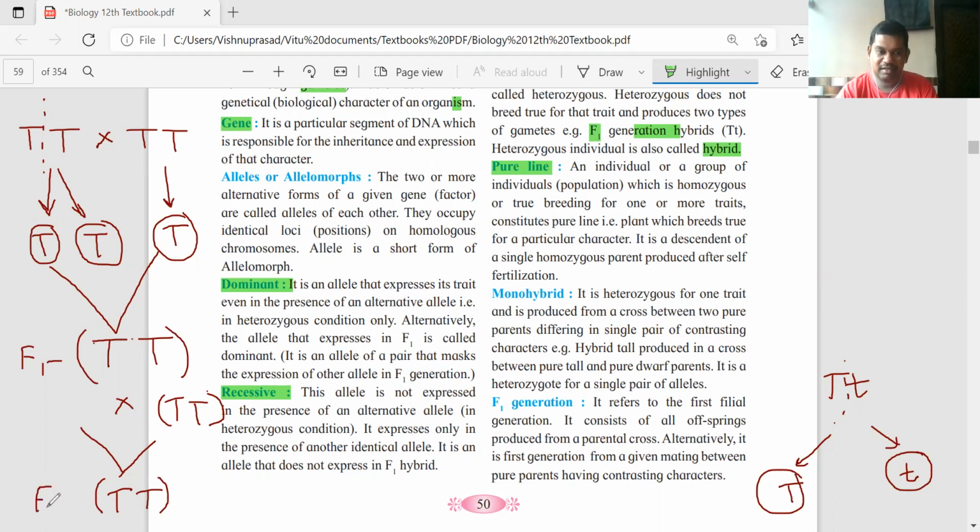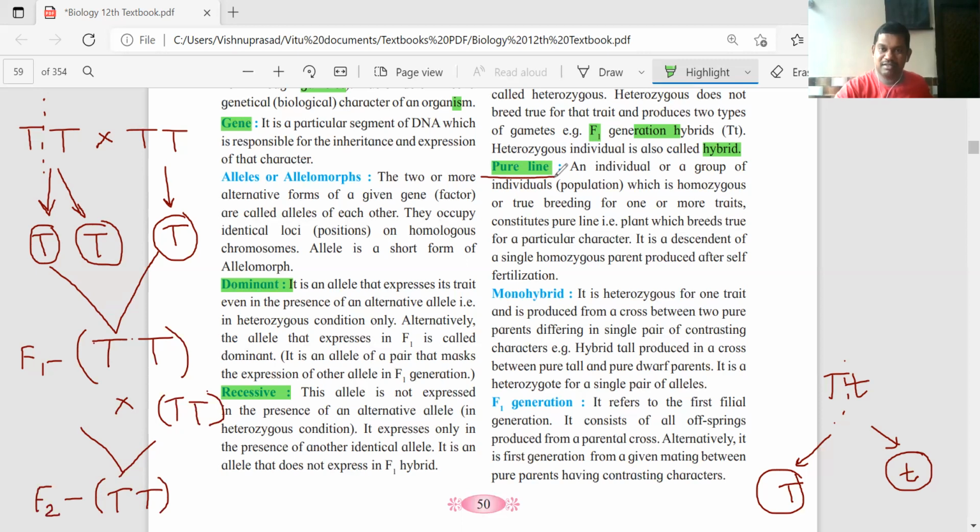If this kind of cross is continued from F1, F2, F3, F4, for a series of generations, and across all the generations there is no mixing of characters of any recessive trait, only the same characters getting repeated, then we call it a pure line.